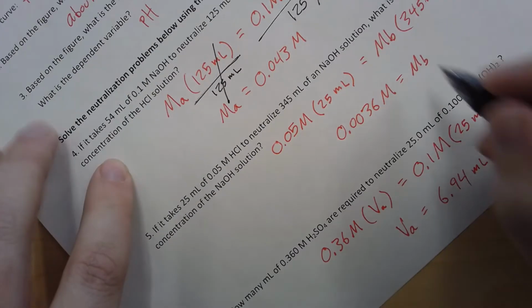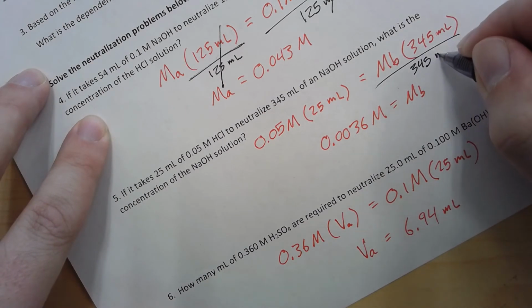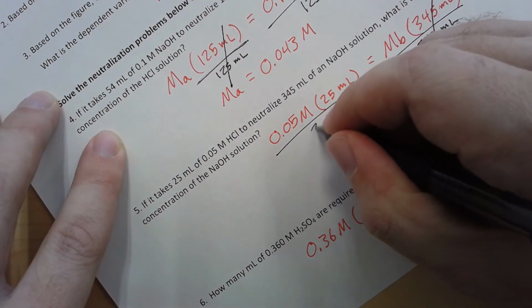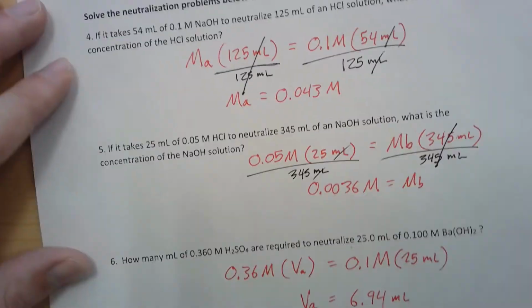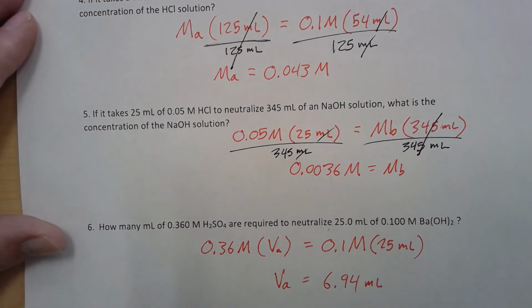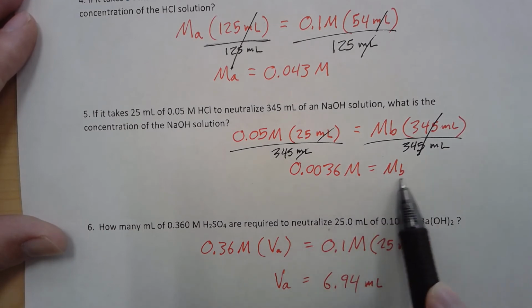To solve for MB, all you have to do is divide by 345 milliliters and do the same thing on the other side. 345 milliliters will cancel that unit, and you are left with MB, which is 0.0036 molar. That's the molarity of the base.